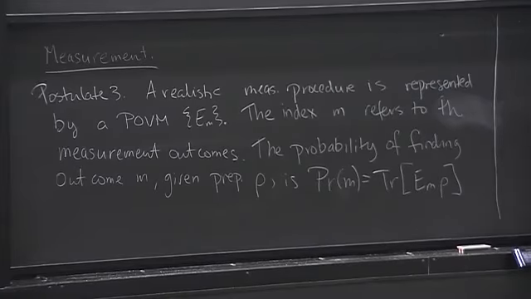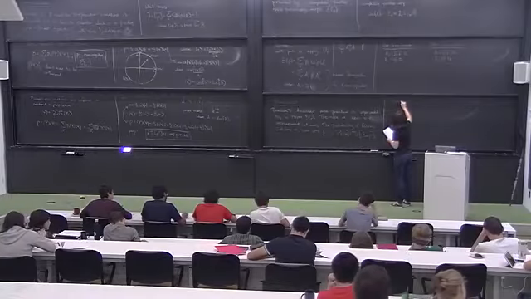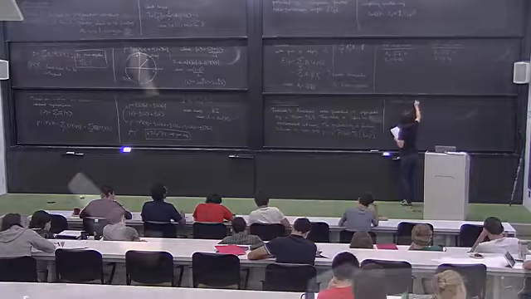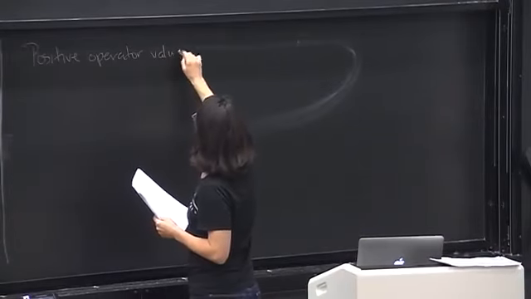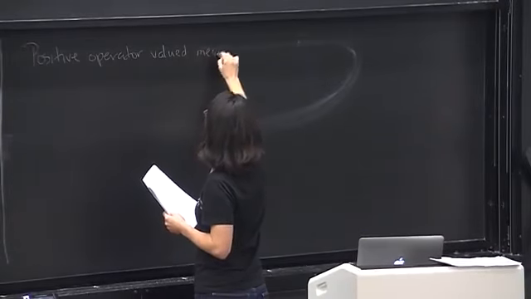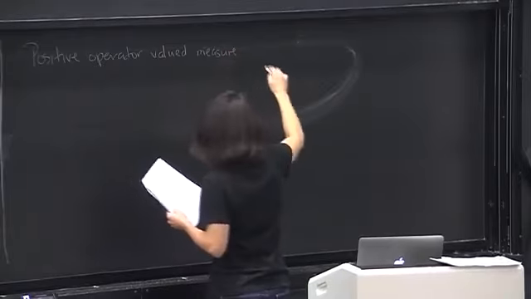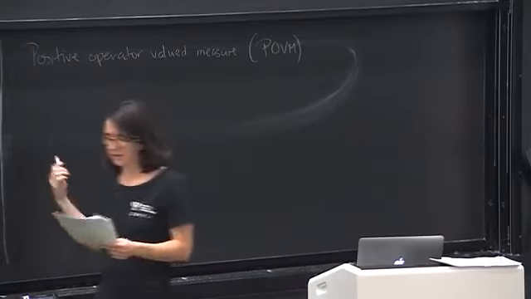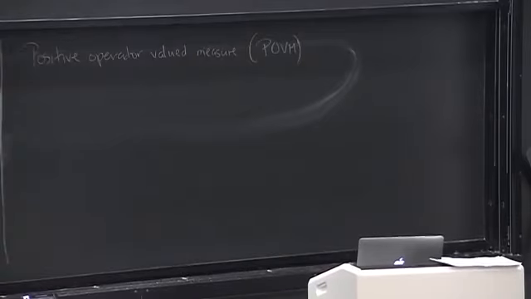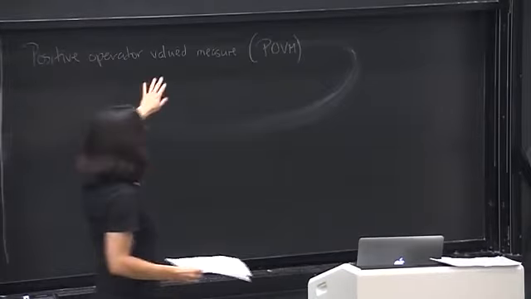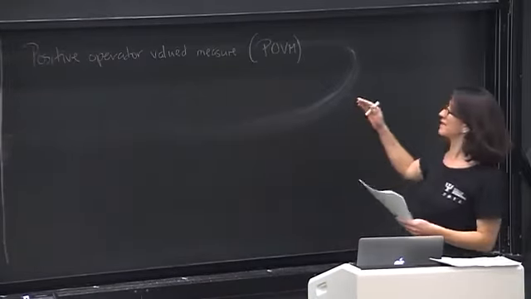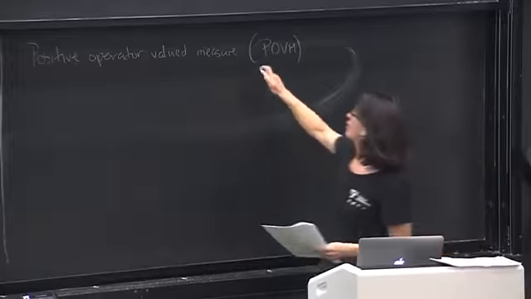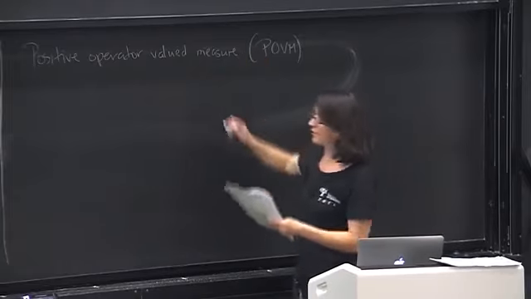Okay, so POVM stands for positive operator valued measure. Originally, they were developed in continuous systems, and so this name actually meant something, but for our purposes, we don't have to worry about what all of these terms mean.